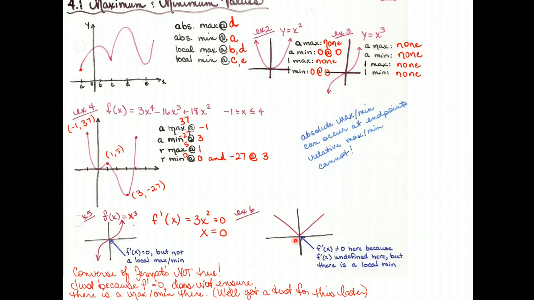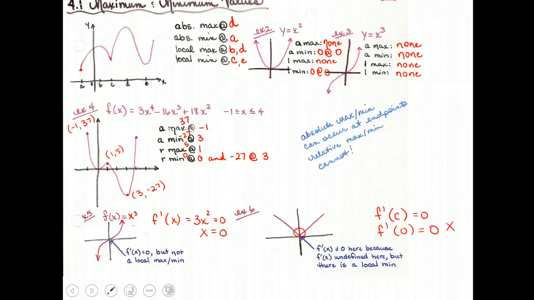If you think back to differentiability, anywhere you have a corner or a kink, the derivative from the left doesn't equal the derivative from the right, and it's not differentiable. So the derivative can't equal 0 there because it doesn't even exist there. If I had used Fermat's theorem and set the derivative equal to 0, it wouldn't catch that one.